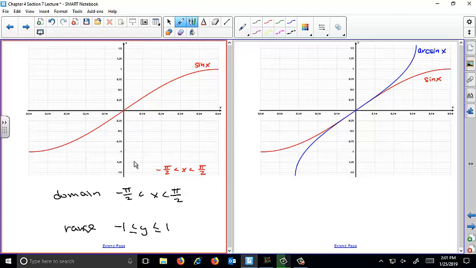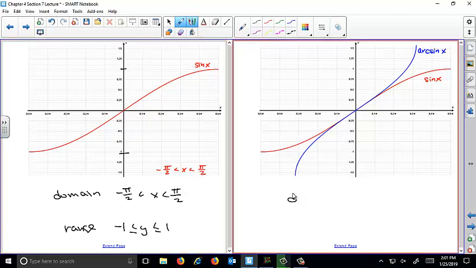With inverse functions, the domains and ranges switch. So the domain of the inverse trig function is from negative 1 to positive 1, and the range is from negative pi over 2 to positive pi over 2.